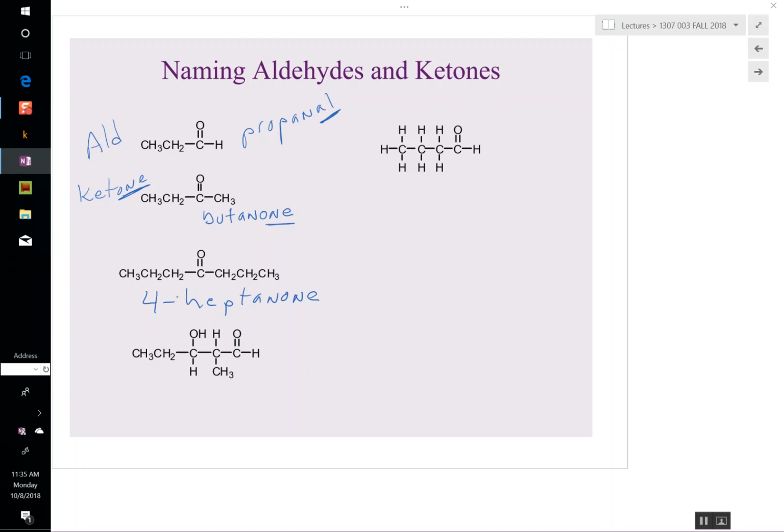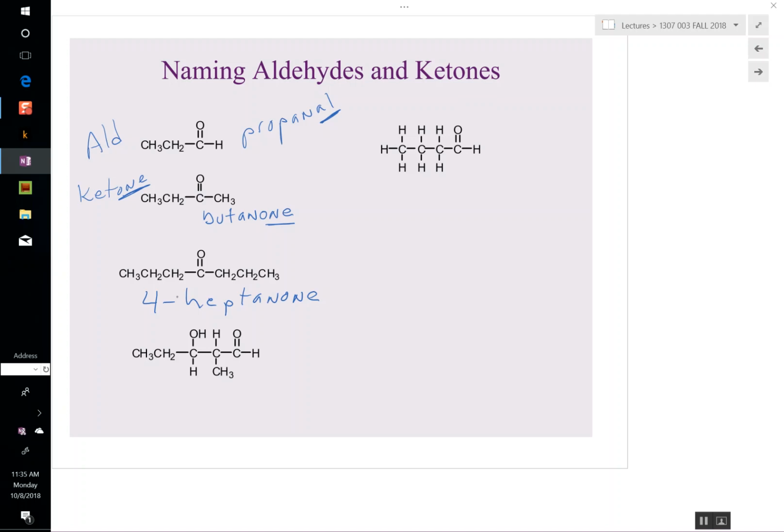So if you put 2-butanone, I don't know if I'd count it off, but I would scratch that out and just say it's not necessary. But here, if you did not put a 4, I would count off for it, because just to say heptanone, it could be here, it could be here, or it could be here. So there is a 2-heptanone, a 3-heptanone, and a 4-heptanone.